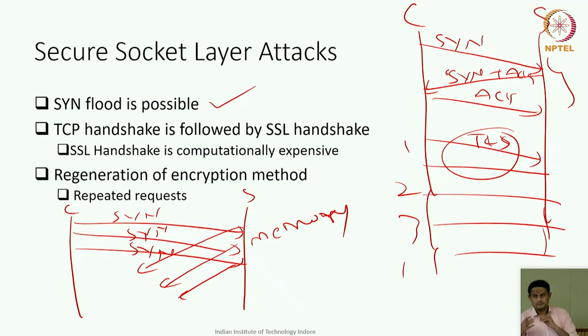Particularly if the client has no intention to engage in a meaningful conversation with the server, it can keep doing this. Each time the client makes a request, the server keeps on switching, and both of them engage in deriving new sets of session keys and switching to new sets of algorithms.